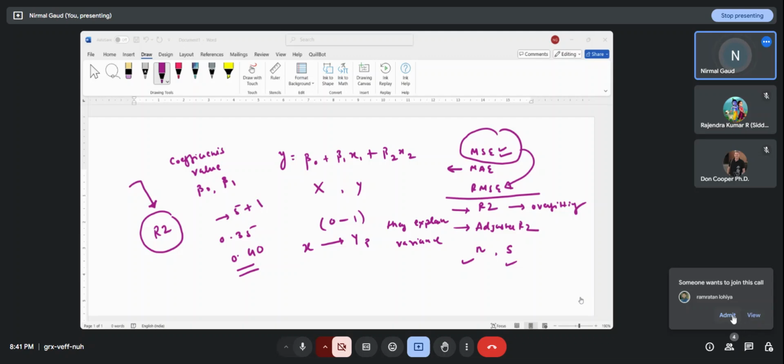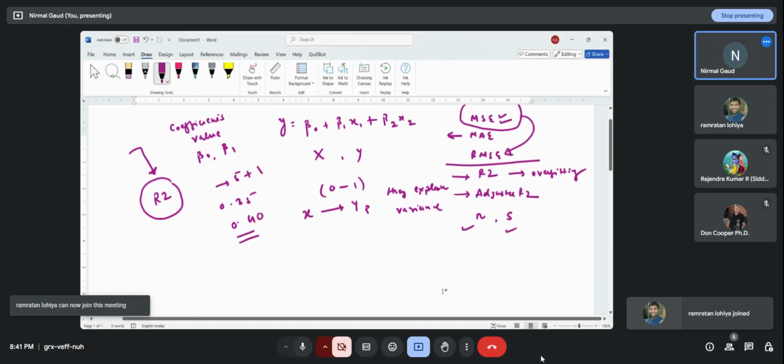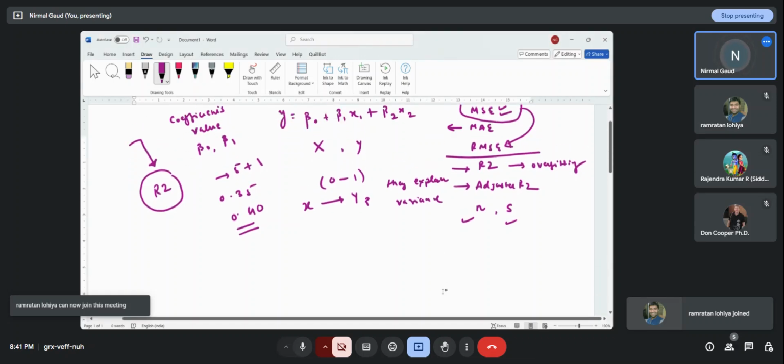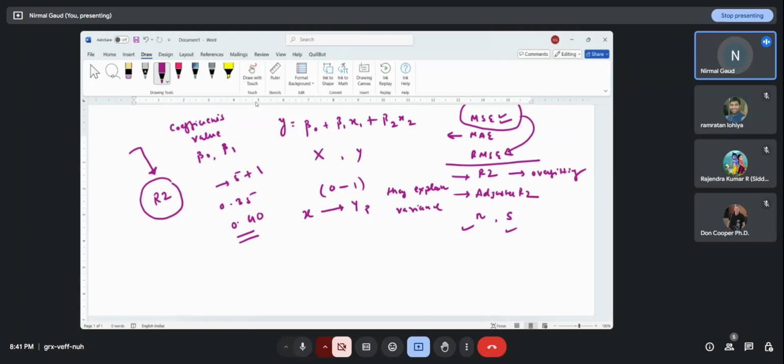Instead of R2, if we are having an overfitting model, we prefer adjusted R2. Here, if I added one more feature, my R2 score became 0.4. It may happen that this feature is correlated with any of the features which are present here. Due to that reason, R2 is increased. So that is violating my assumption of linear regression.